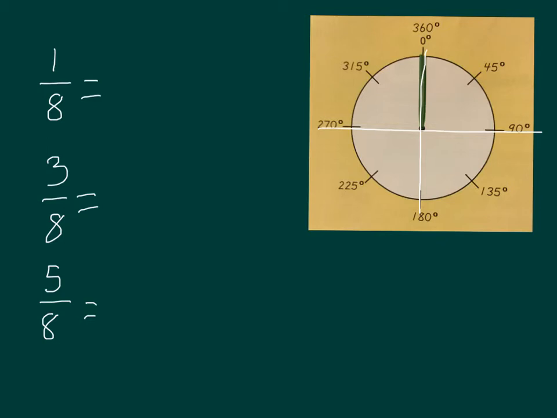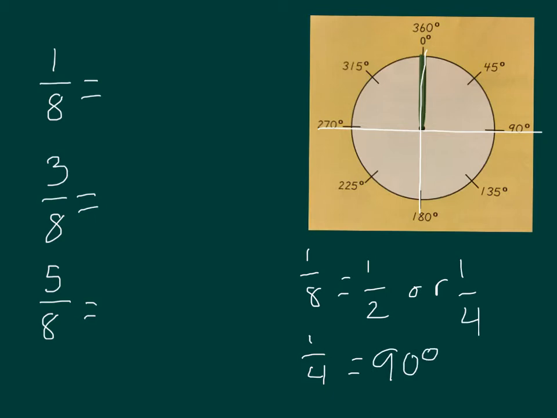Well, I know that a 1/8 turn is 1/2 of a quarter turn. And I know that a quarter turn equals 90 degrees. So, 1/2 of 90 degrees is 45 degrees.